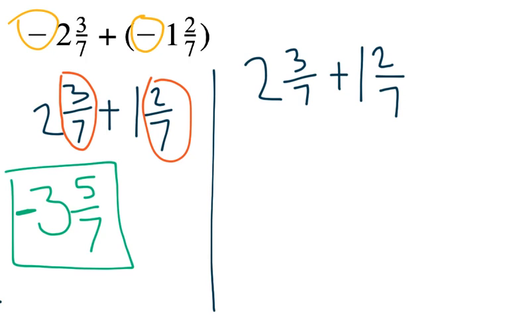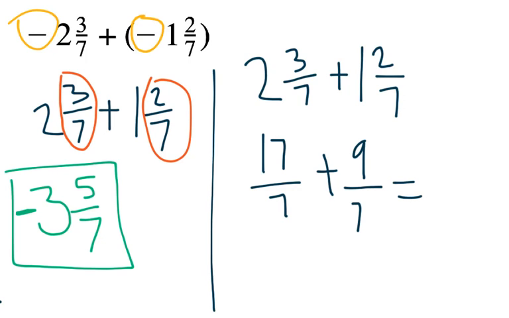Now, that's the same thing. If I turn these into improper fractions, that's the same thing as 2 times 7 plus 3, that's the same thing as 17/7 plus 1 times 7 plus 2 would be 9/7. You add together the 17 and the 9, and that would give you 26/7.